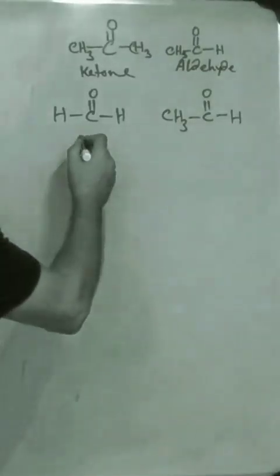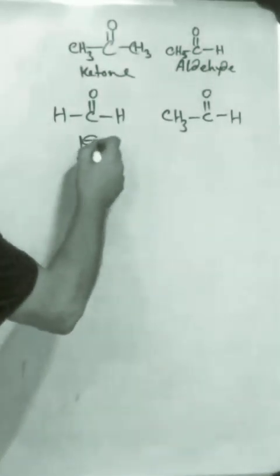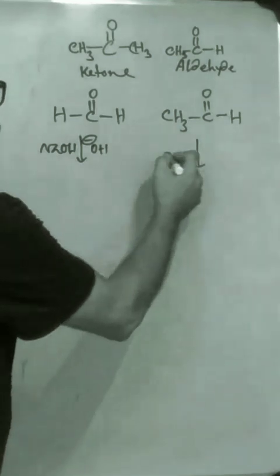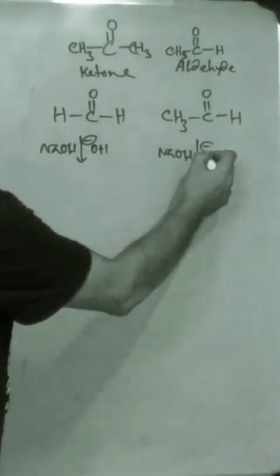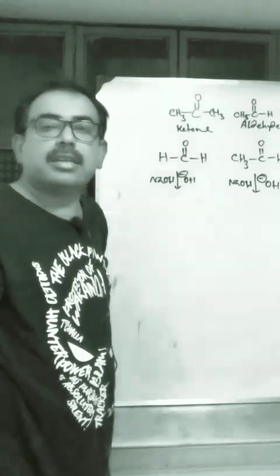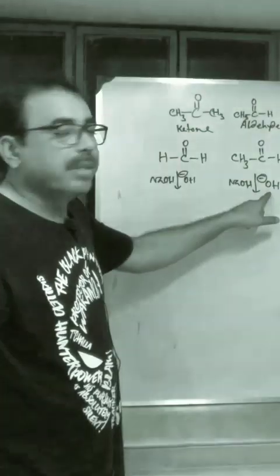Now if we treat both the aldehydes with sodium hydroxide solution, then what happens? Sodium hydroxide being a base dissociates to form OH minus ion, and here also we give sodium hydroxide, and here also OH minus ions are present. Now OH minus ion is a base, that is, it always has the tendency to abstract an H plus ion and show its basic nature.